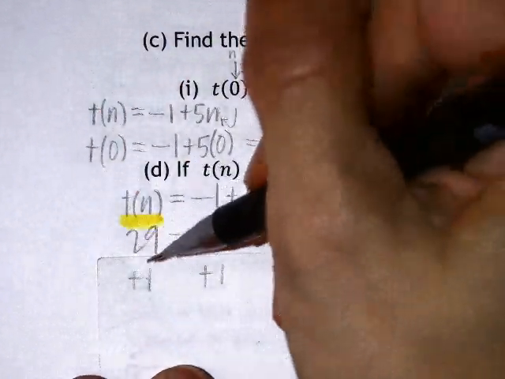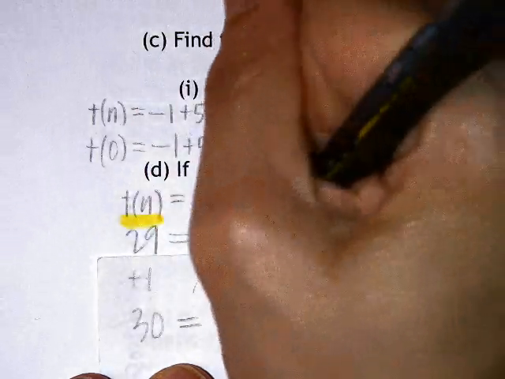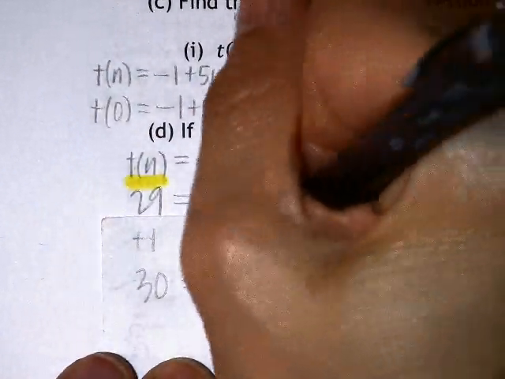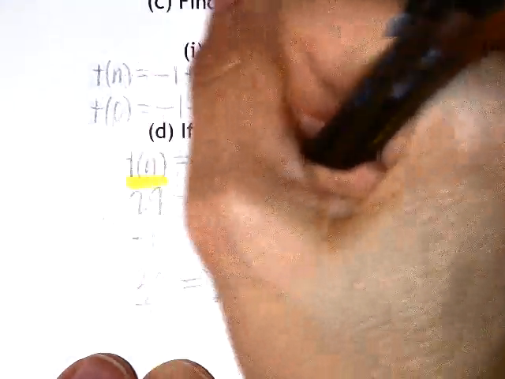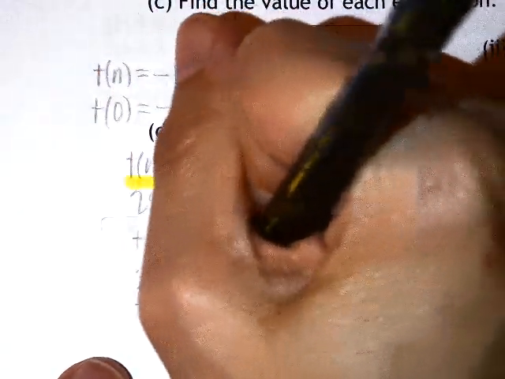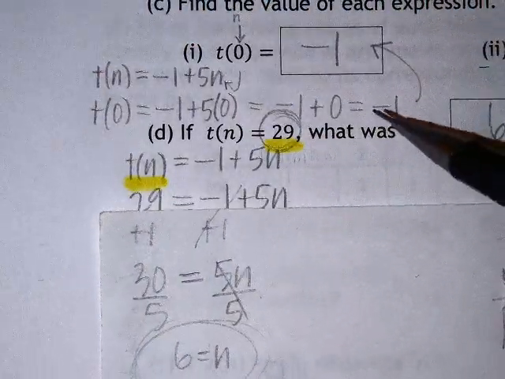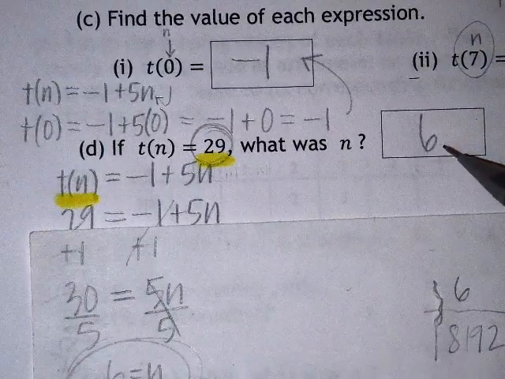I could add 1 to both sides. So I'd have 29 plus 1, which is 30, equals, those cancel, 5n. And if I try to get n by itself, I'd have to divide by 5. 30 divided by 5, well, that's 6. And sure enough, that's the same answer that I knew from the table.